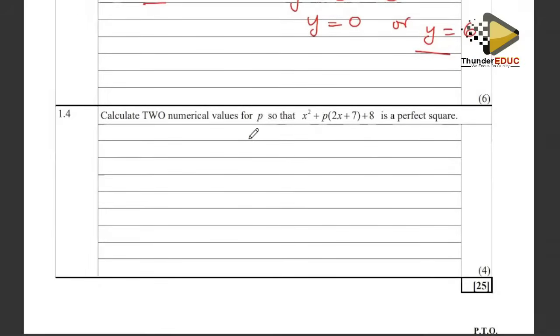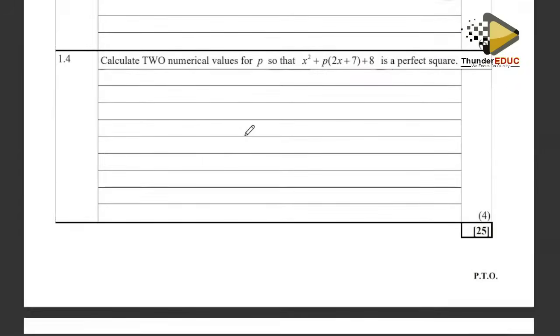1.4, calculate two numerical values for p so that this entire expression is a perfect square. One thing we know is that for us to get a perfect square, the discriminant should be able to give us a perfect square itself.